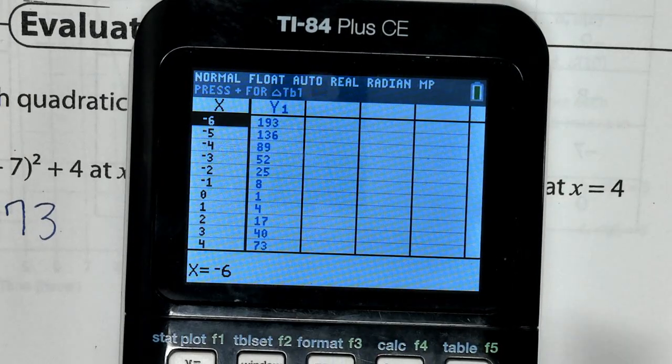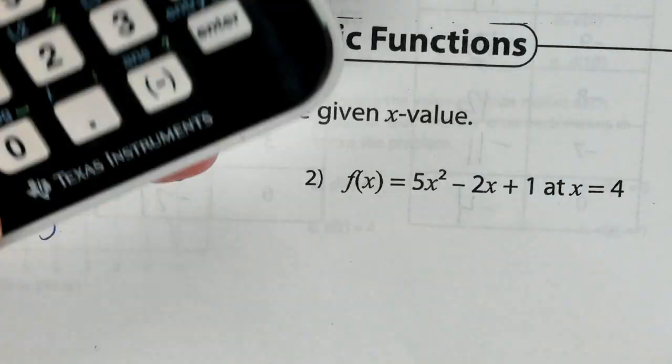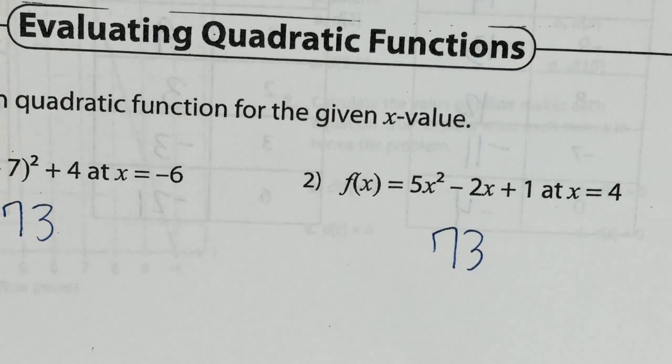Okay, when x is 4, so I've got to scroll to 4. What is y? 73.